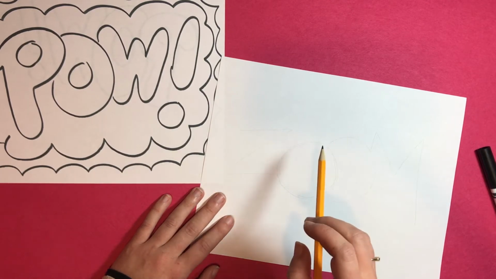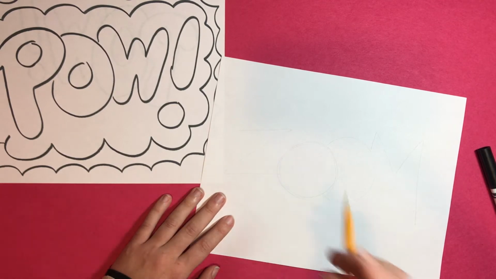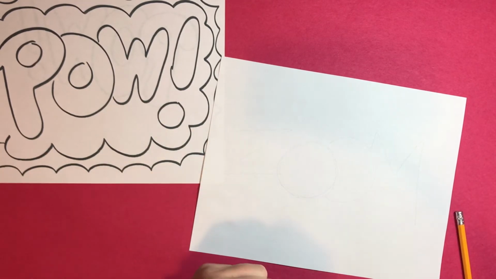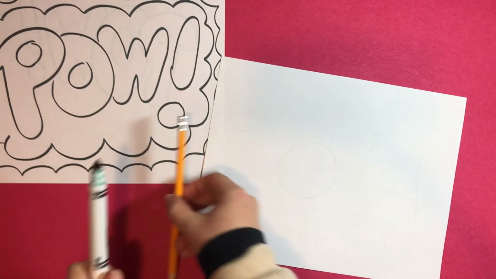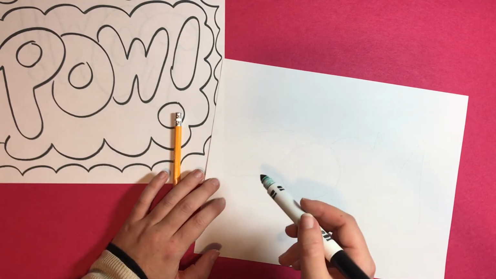My next step, you can either do this step with your pencil or you can grab that marker. I'm going to do it in the marker so you can see it better, but you can always do this in pencil again, just so it's easier to erase.